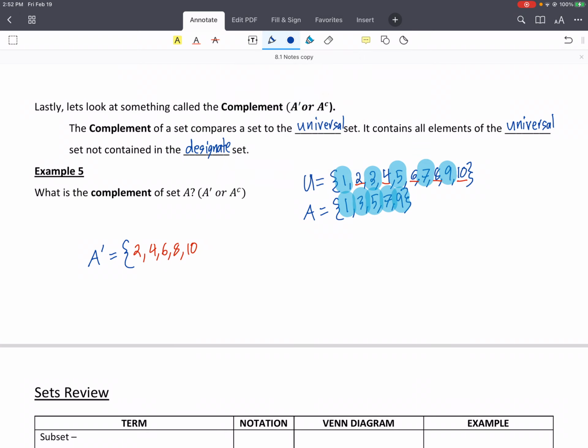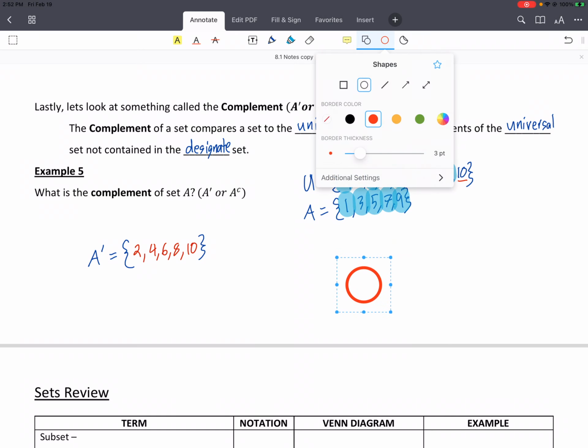Just for my OCD, make that the same. And so if we were to shade this, let's call, let me get this going here.